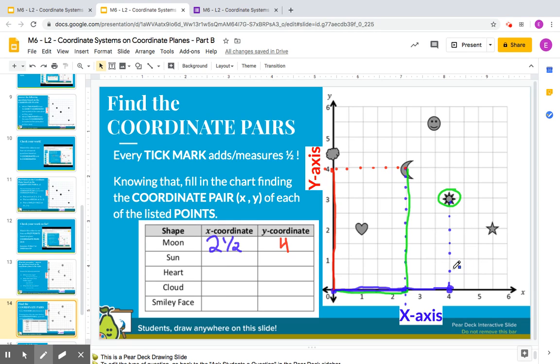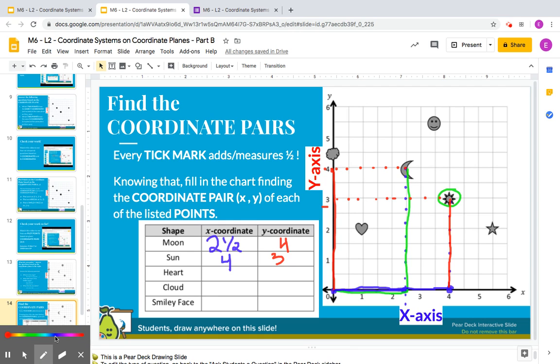Yes, it lines up. So my x-coordinate is 4. I went over 4 units. Now let's see how far up I go. 1/2, 1, 1.5, 2, 2.5, 3. Let's double check. And it does hit 3 on the y-axis. So my y-coordinate is 3.